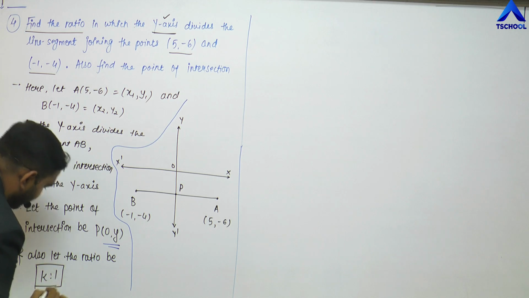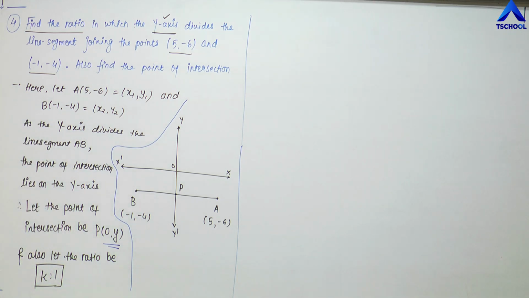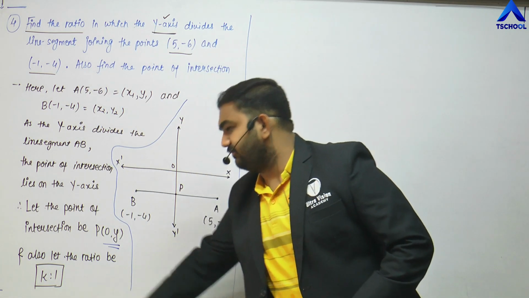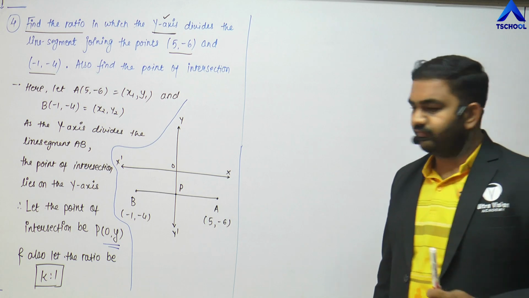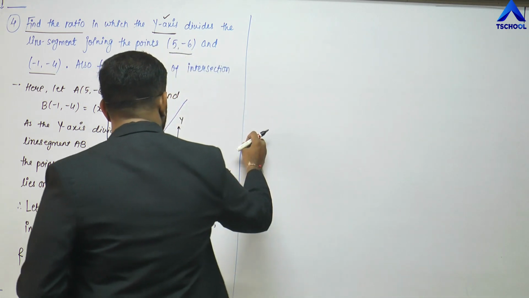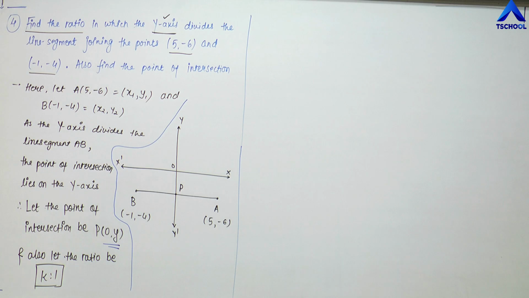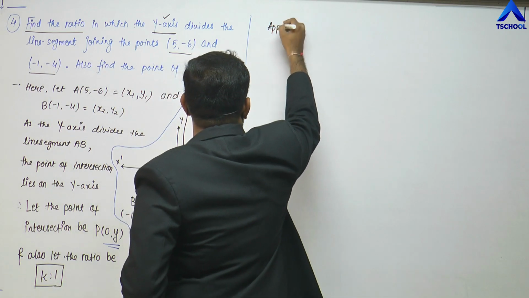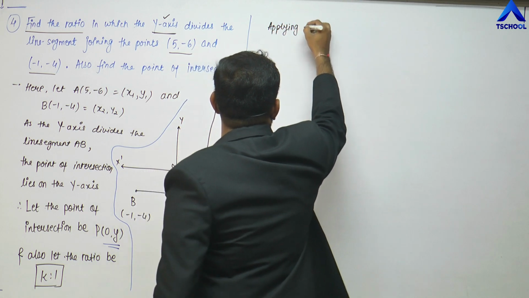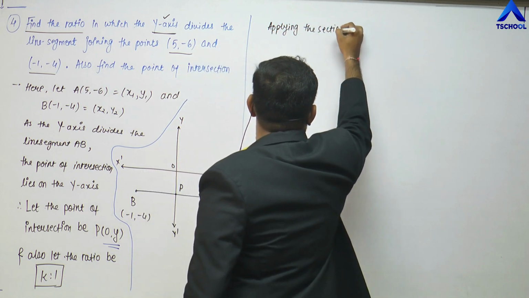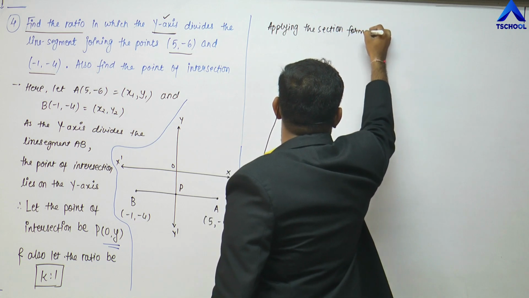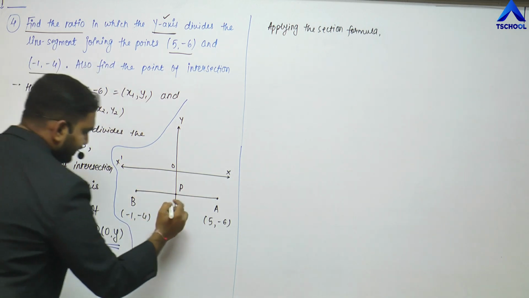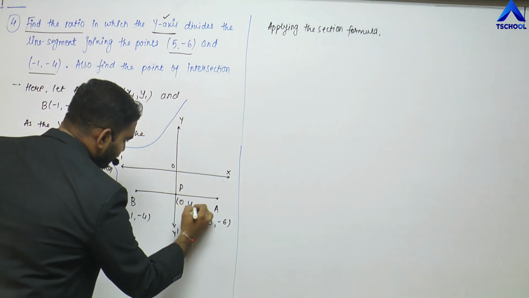As we discussed in the second case of the section formula, whenever we need to find out the unknown ratio, we will always take the ratio as k is to 1. Is it clear? So friends, now finding out the point and the ratio both, applying the section formula, this point of intersection has coordinates (0, y).